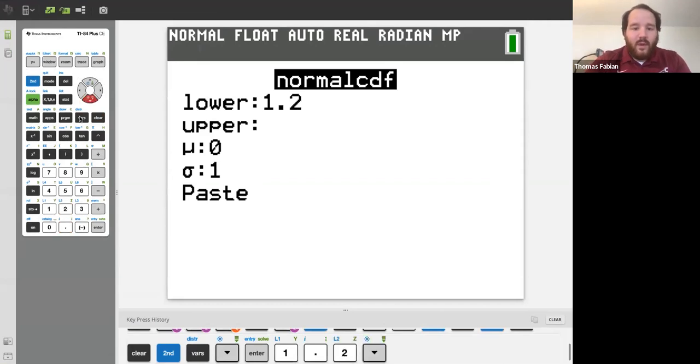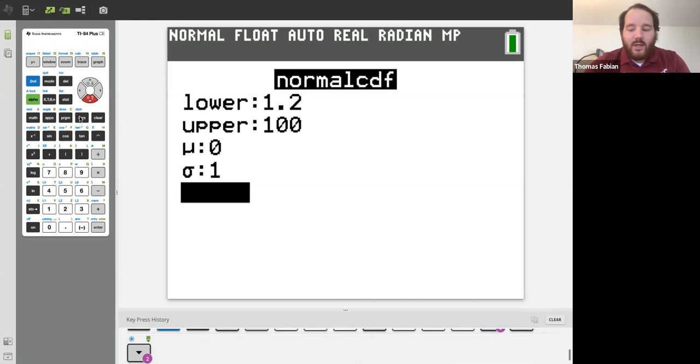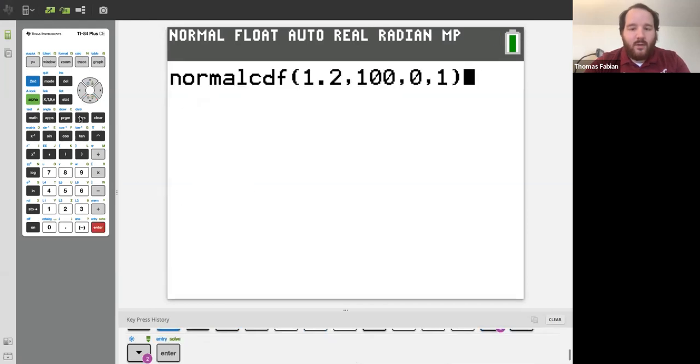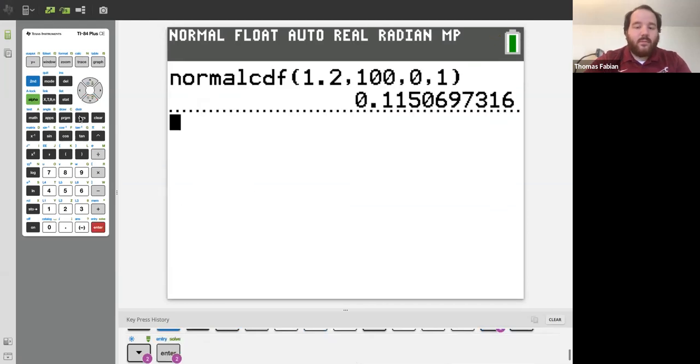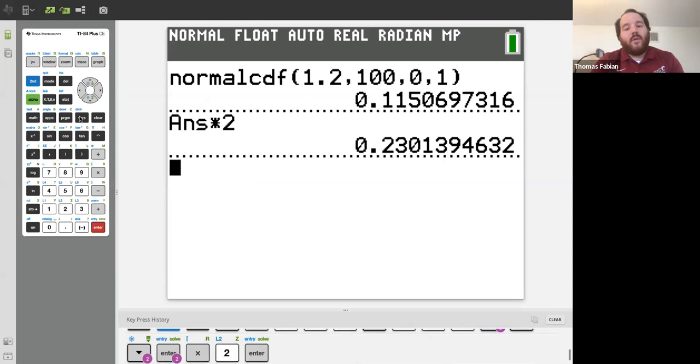My upper would be infinity. And then if we're just looking at our normal curve, we'd use 0 and standard deviation of 1. Okay, but we need both sides of it. So it would be a p-value of 0.23.